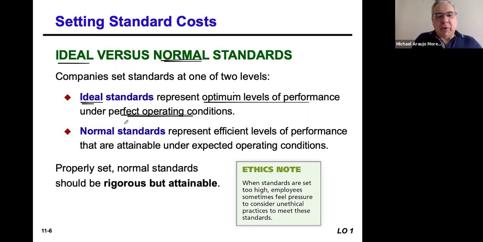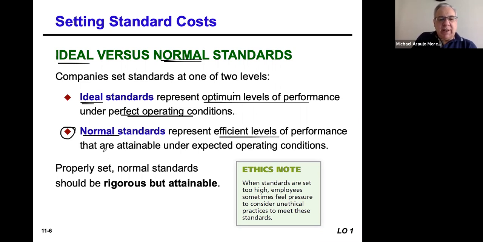Normal standards are the efficient levels. This is where we want to be. It may not be ideal, but it's close enough to be very efficient. These are the standards that are often applied, as you'll see coming up in our examples.